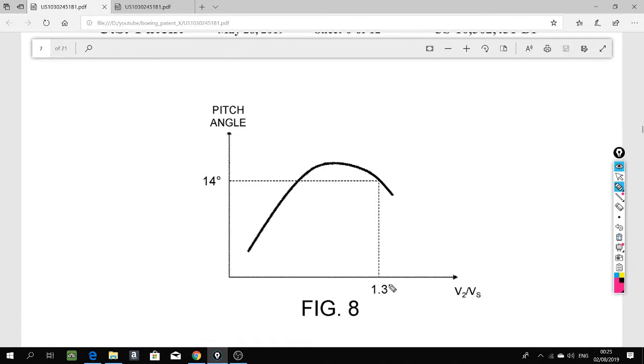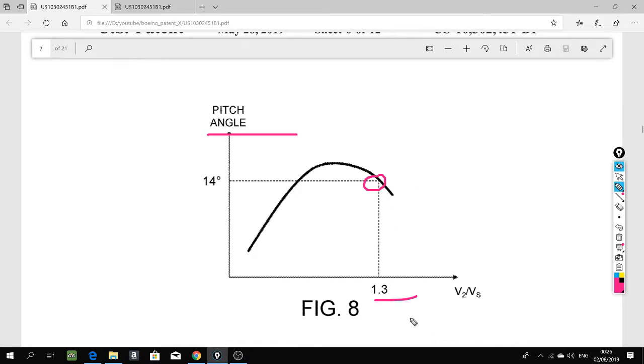So here the thing is that the optimum pitch angle for a certain V2 over Vs ratio lies somewhere around here. It's not here. It is due to aerodynamic characteristics, the aerodynamic drag, and all other factors involved, that this point lies beyond the compressive characteristic, somewhere here, right?